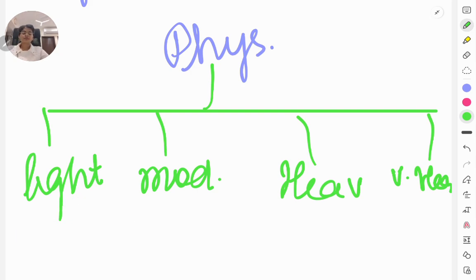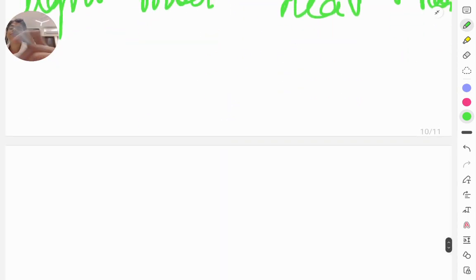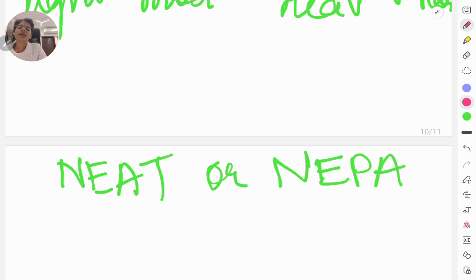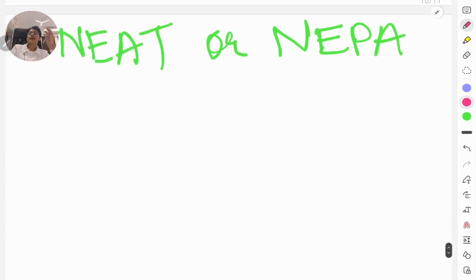Now there is something called NEAT, or we can say NEPA. So what is NEAT or NEPA? Non-exercise activity thermogenesis, or non-exercise physical activity.